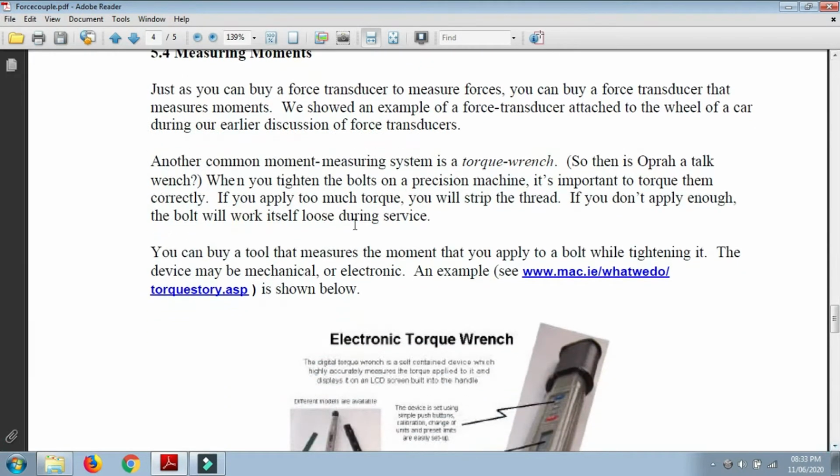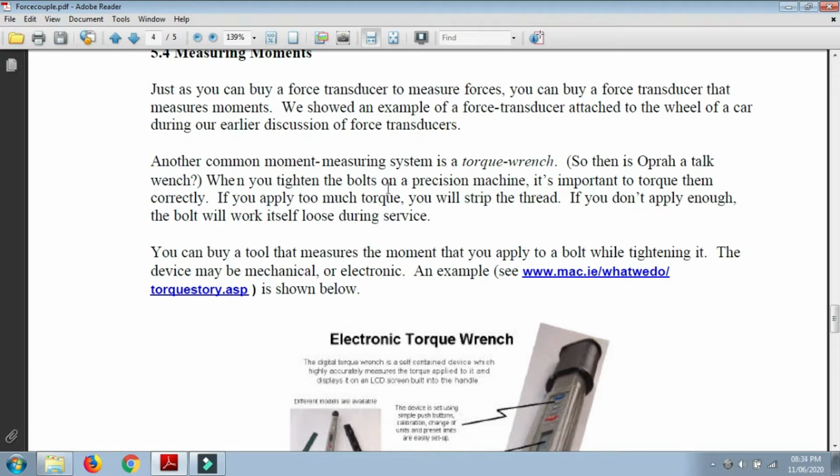But precisely the exact device that measures the torque is basically called a torque wrench. This is a device to measure the torque directly by just applying it on your bolt or on your nut. You will get directly the torque in terms of Newton meter or pound feet.